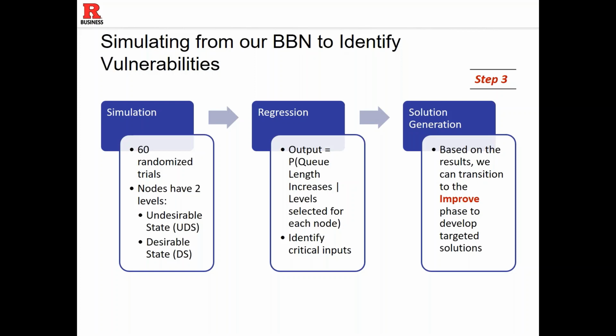The output of the regression allows us to identify critical nodes. I won't get into the details, for the sake of time, since a regression study can be detailed to explain, but I can talk about that offline if you have questions. As a result of this regression analysis, we identify key variables which would inform the solution generation stage, which is critical to the improve phase.